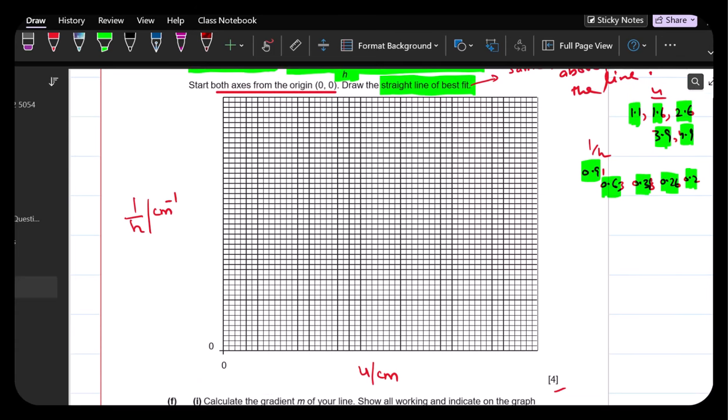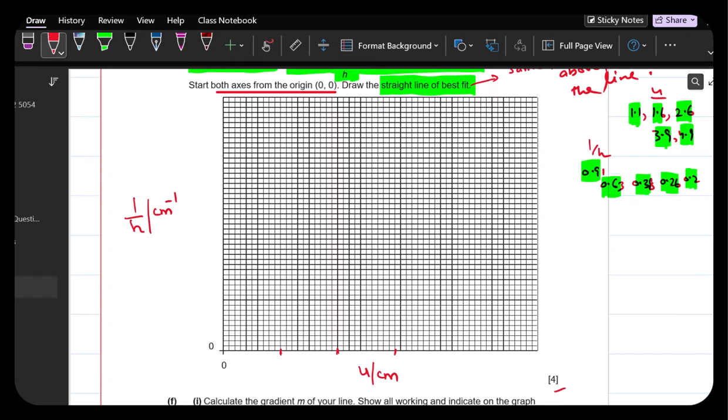So I have to set the graph here. I take that we have to go till 4, so I take 10 boxes, counting 1, 2, 3, up to 10, and again 10 boxes. We have to set a very suitable scale, not an awkward one.